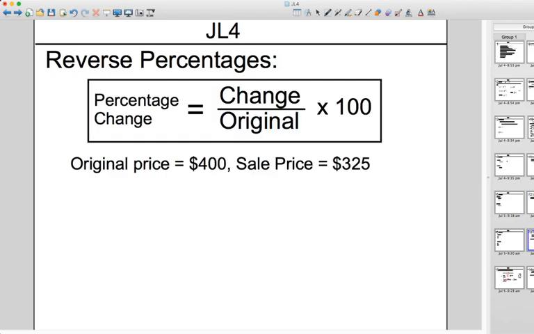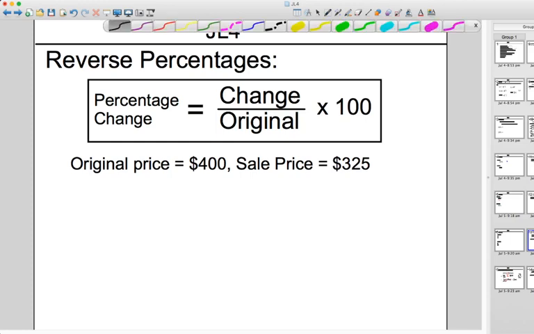Okay. Last thing I want to cover is percentage change. So the percentage change is the change over the original amount. I've got a couple of examples for you here of this. Have a go if you'd like, but the formula to do it is there in that box. Okay, so I've got an original price and I've got a sale price.